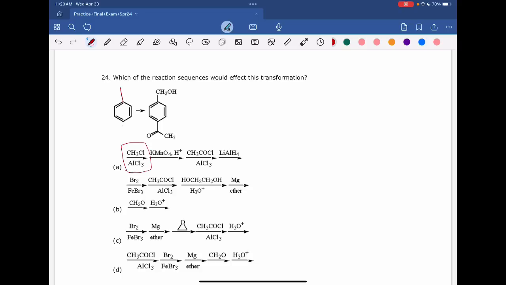So it's going to want to add another one. And then it's more activated, so it wants another one, and another one, and another one. And you're just never going to stop. And you're going to get this product. So A is wrong. Whenever you see alkylation being proposed as one of the first steps, it is probably wrong because you can't control how far it goes.